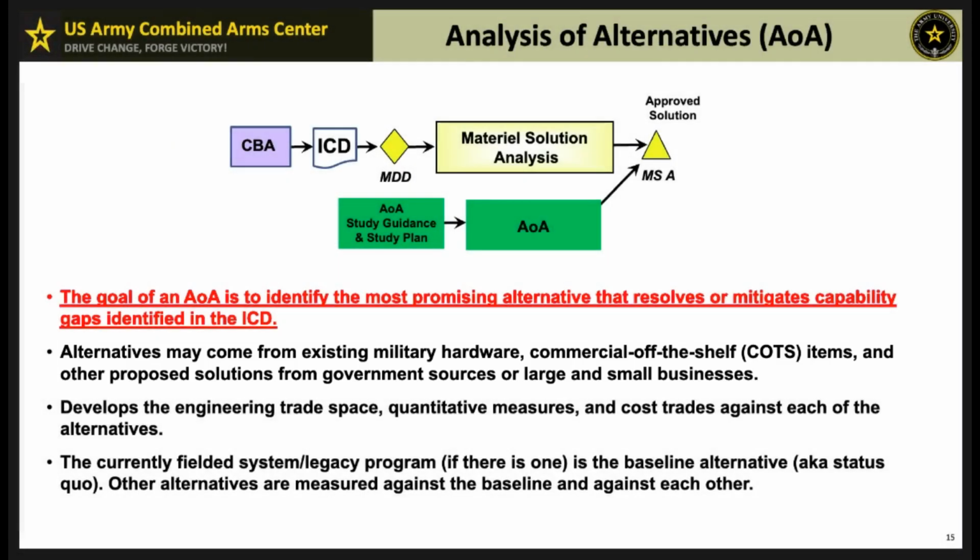Scope. The AOA considers both material and non-material aspects, for example, organizational training facilities, to ensure a comprehensive evaluation. It also includes the fully burdened cost of energy, FBCE, as a critical factor when it differentiates among alternatives.